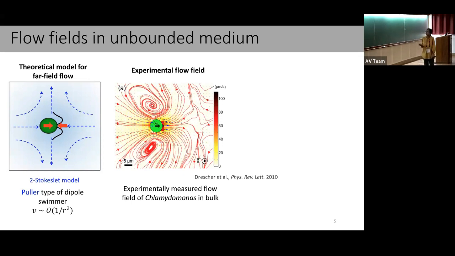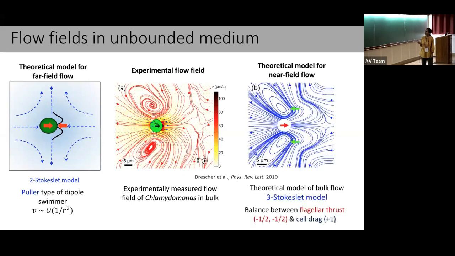So how do you theoretically understand this? The way this classical study analyzed it is by saying that we'll have 3 Stokeslets. A Stokeslet is like a point force in the fluid. The 2 green Stokeslets are placed at the average flagellar position.